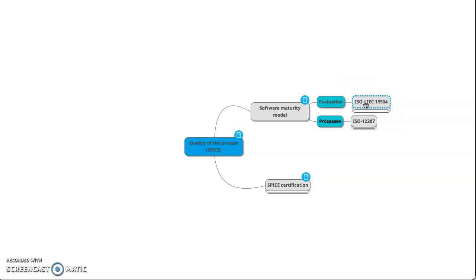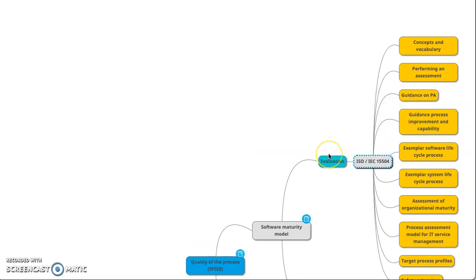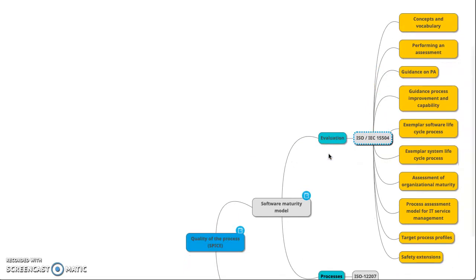The evaluation is composed of 10 parts. They start with concepts and vocabulary, where you will receive the basic information on how you will be evaluated.